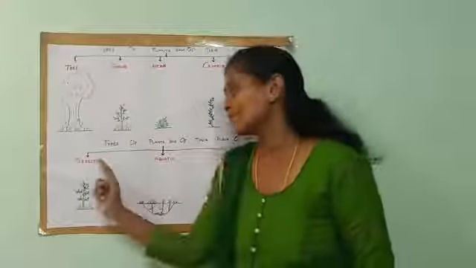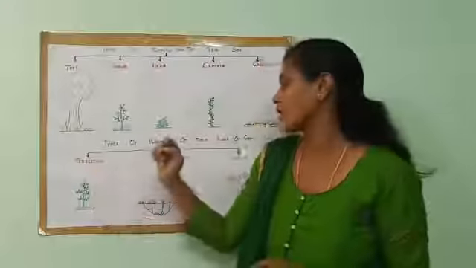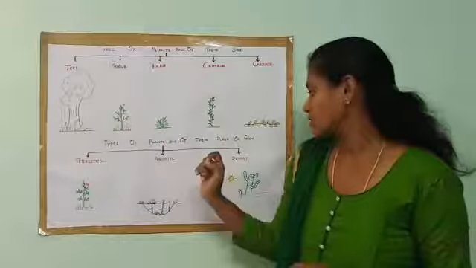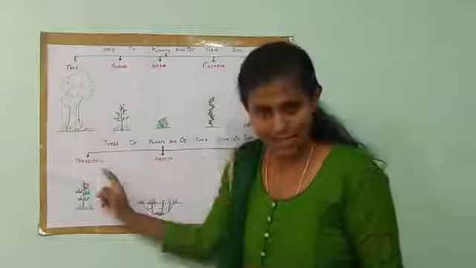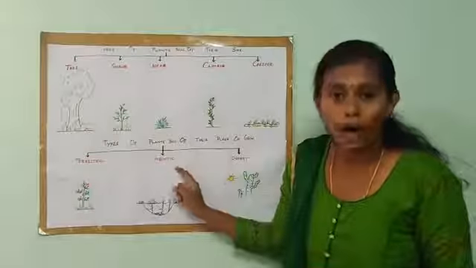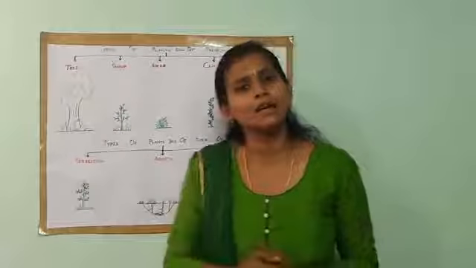The first one is terrestrial, then aquatic, and desert. What is terrestrial?